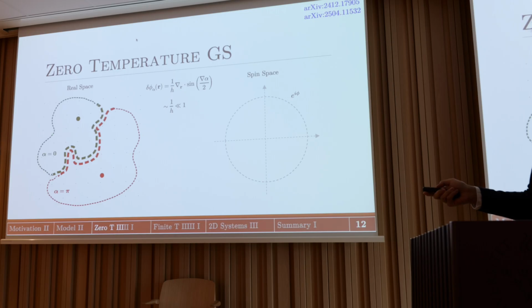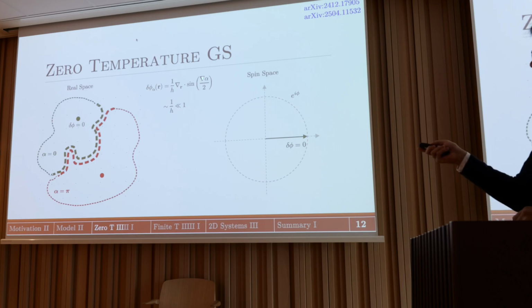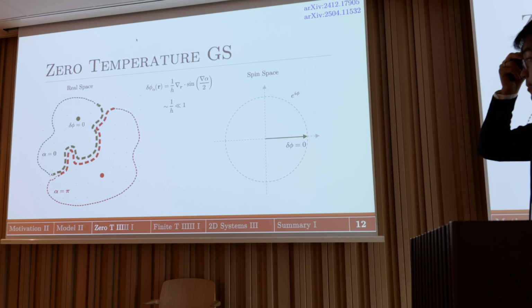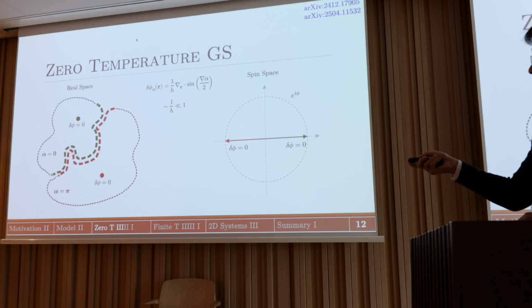Okay, so deep within my green cluster, all its nearest neighbors have the same random phase, which means that this gradient term has to be 0. So delta phi is 0. So my phase difference is perfectly aligned along the random phase, so the green arrow. Similarly, if I'm in my red regime, delta phi is 0, and it's perfectly aligned along the red arrow.